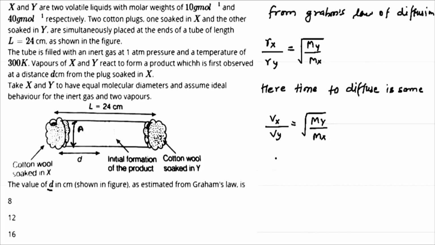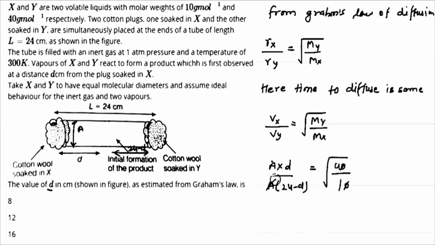Here volume equals cross sectional area into distance. So cross sectional area A into distance d, and the other distance will be 24 minus d, so A into 24 minus d equals under root molar mass of Y upon molar mass of X. Molar mass of Y is given 40 and molar mass of X is given 10, that will give the value 2.